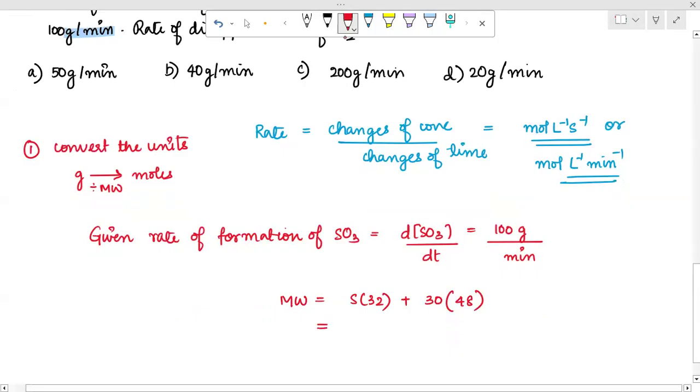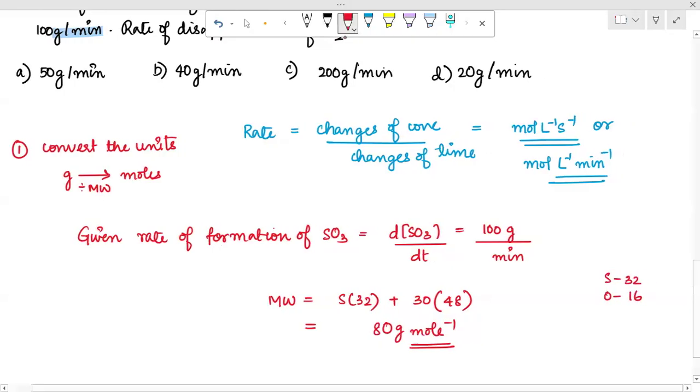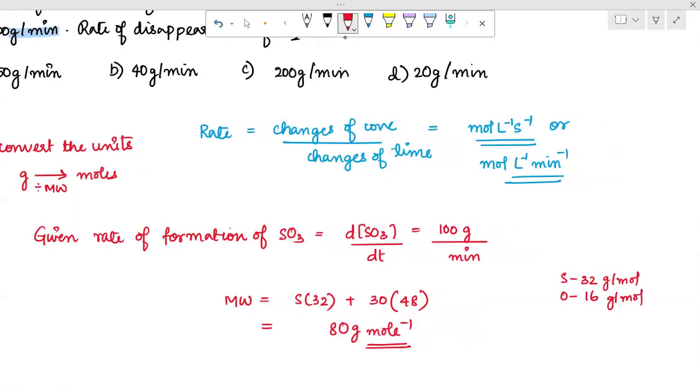So the total weight is going to be 80. Okay, so it's going to be 80 grams per mole. Now you have to know that sulfur is 32, oxygen is 16. The masses you have to know. Okay, so this is the unit.